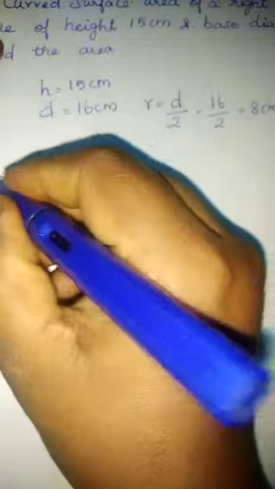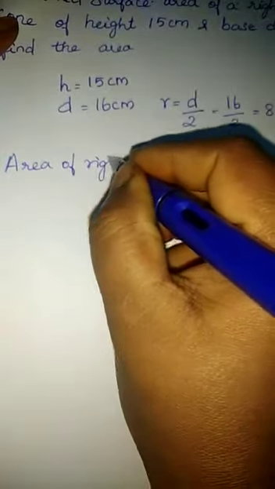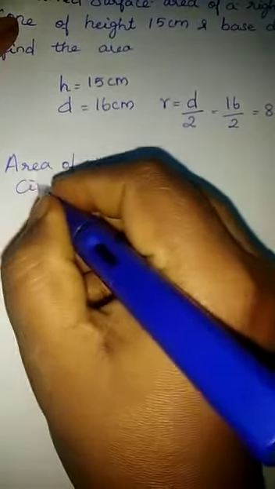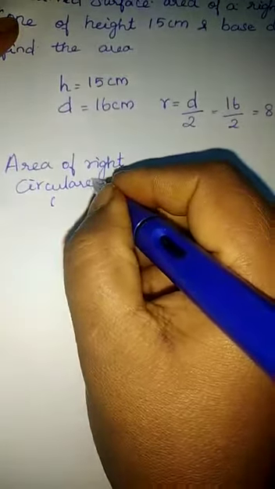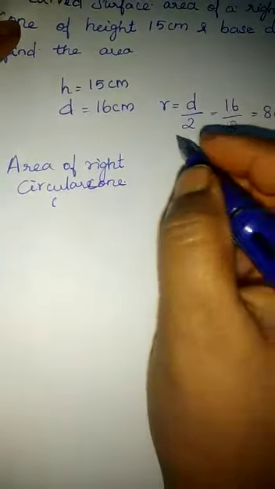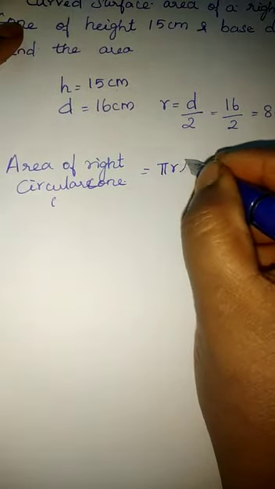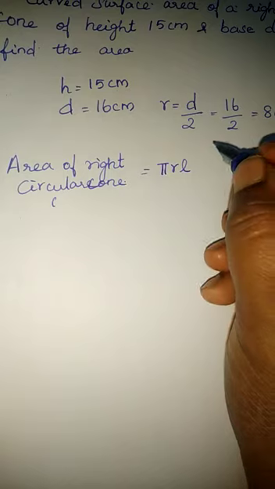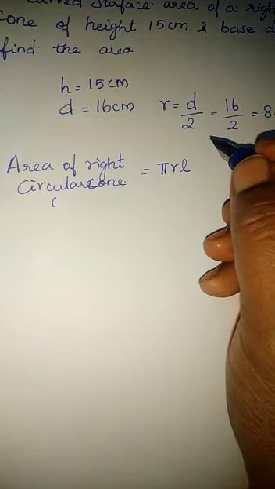The area of a right circular cone is pi r l.